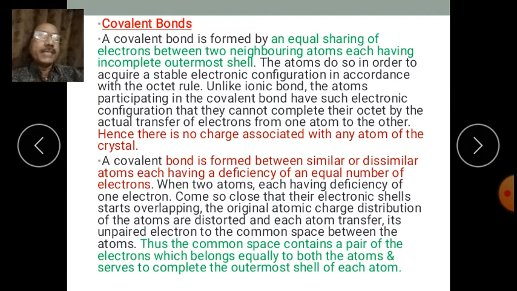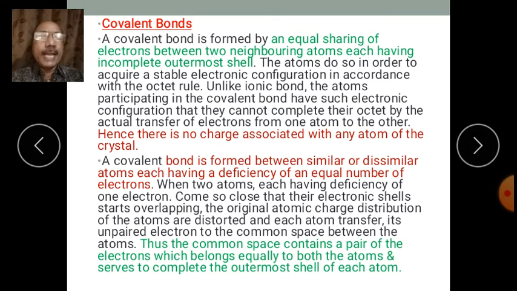In the previous case, one atom was becoming electronegative after gaining an electron, and another atom was becoming electropositive by losing one electron, and there was a Coulomb's electrostatic attraction between these electropositive and electronegative atoms.